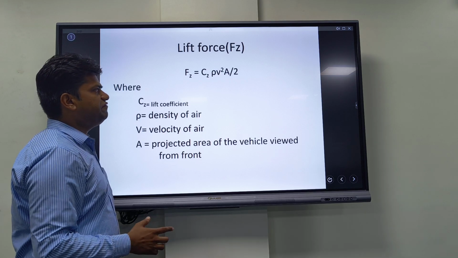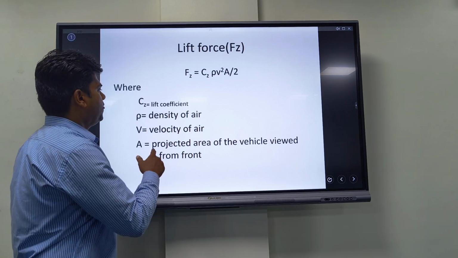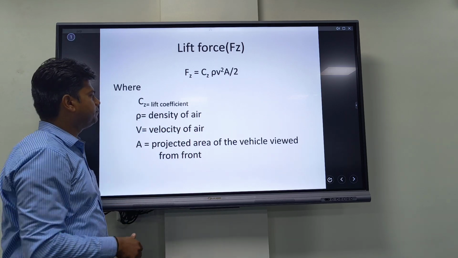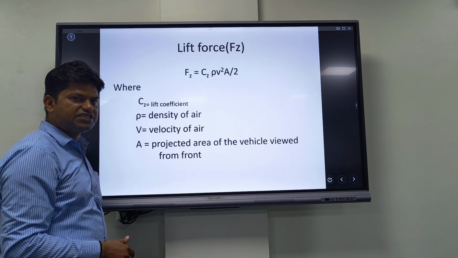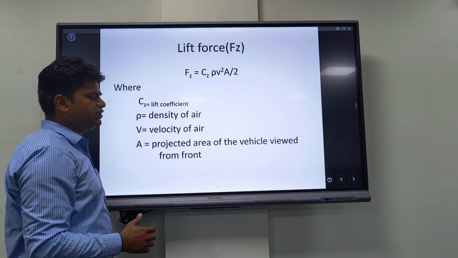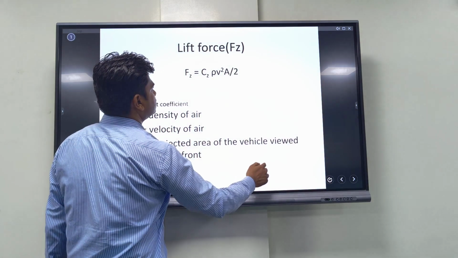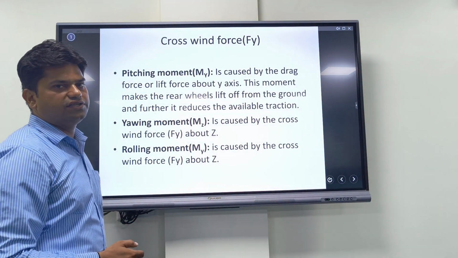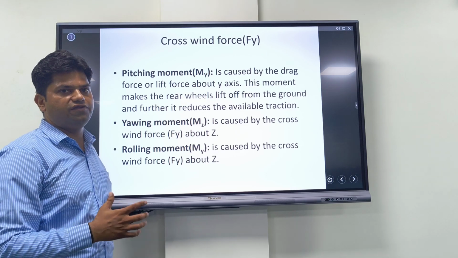Fz is the lift force. Cz denotes lift coefficient. Rho means density of air, V velocity of air, and A projected area. Cross wind force. This one is the Fy, cross wind force.